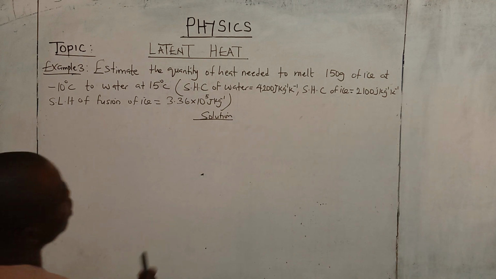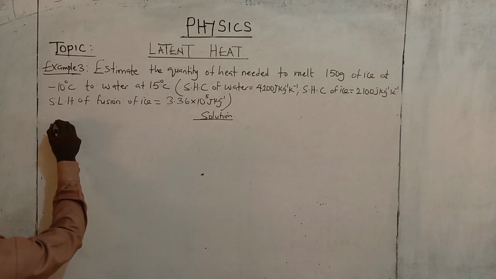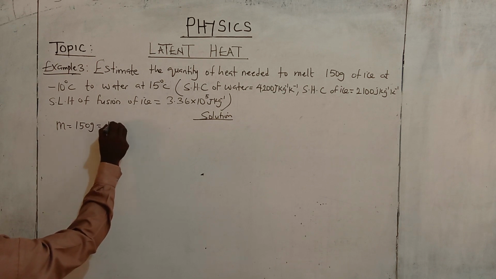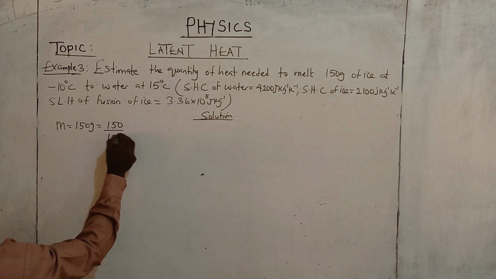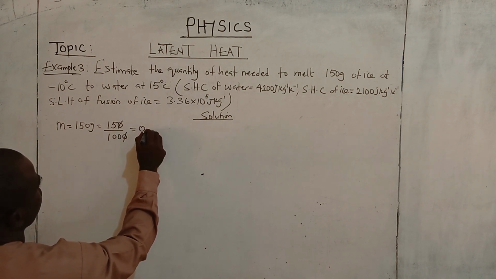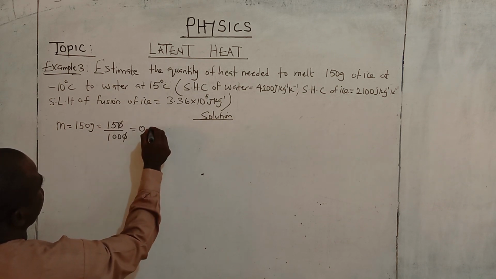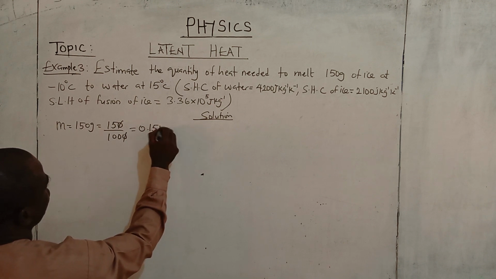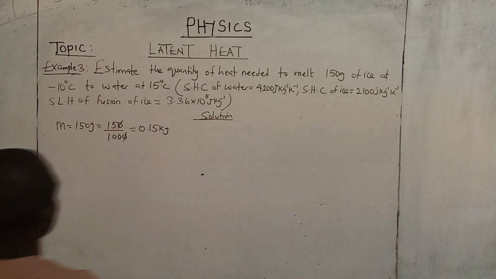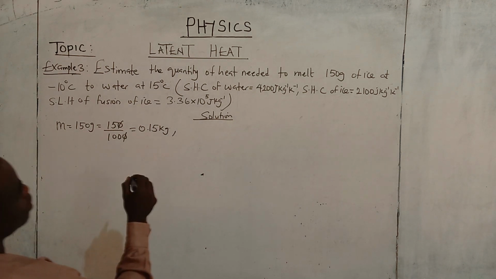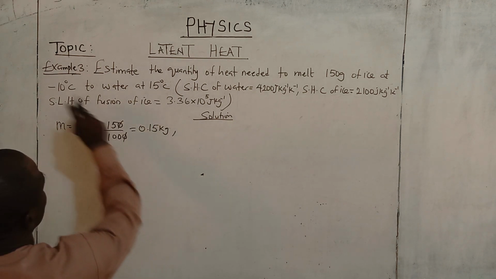Estimate the quantity of heat needed to melt the mass, because 150 grams converted to kilogram is 0.15 kilogram. That's the mass, and you have the temperature difference.